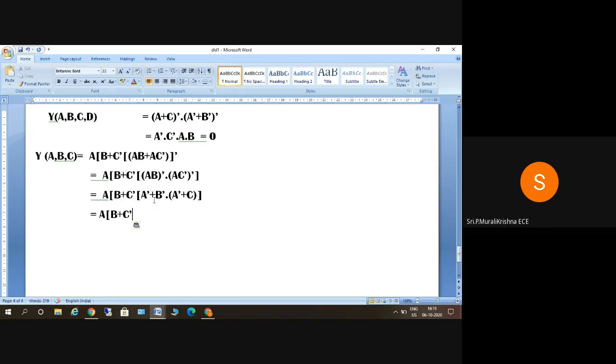Okay, if I expand this, it will be like this. So A bar into A bar is A bar, plus A bar C, plus A bar B bar, plus B bar C. Expand it.